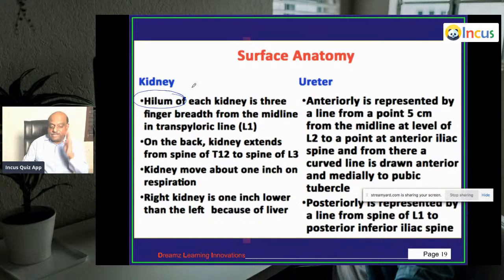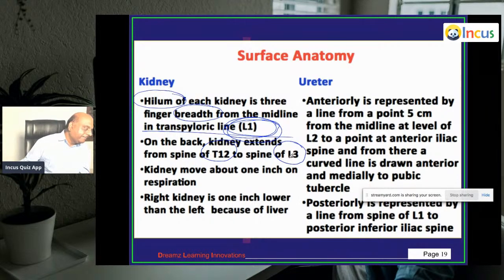So the hilum of each kidney is 3 finger breadths from the midline in the transpyloric plane, and it extends from T12 to the spine of L3. The kidney moves 1 inch on respiration. The right kidney, because of the liver above it, will be lower by 1 inch compared to the left.